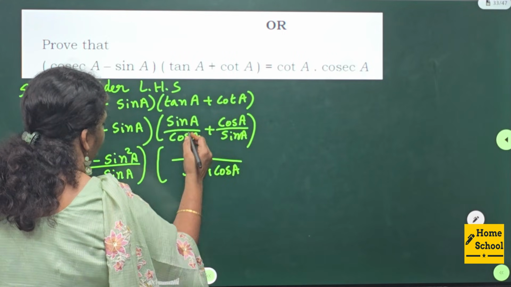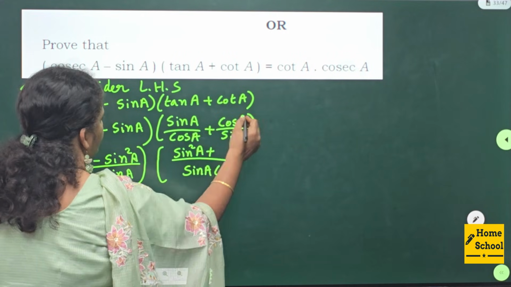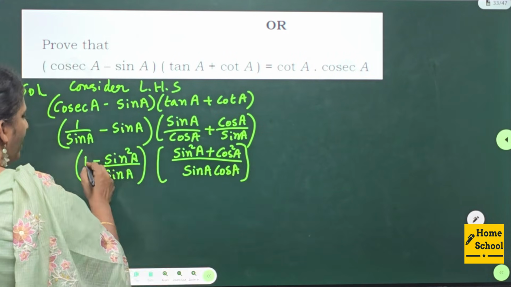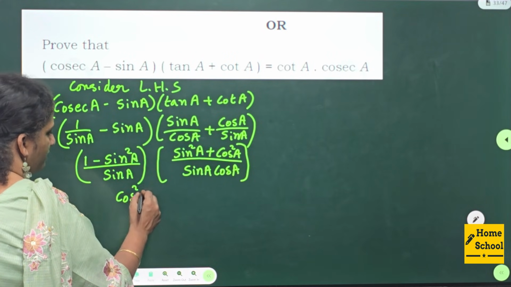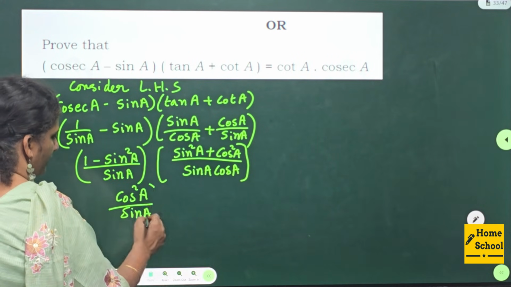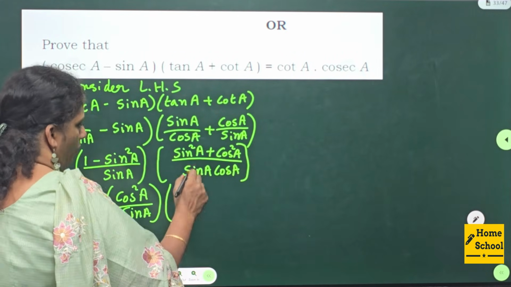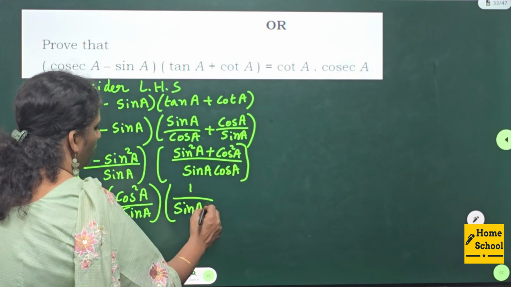In the numerator, multiply this by sin A, it becomes sin square A, and cos A multiplied by cos A gives cos square A. 1 minus sin square A, we know by identity, is cos square A by sin A, into, what is sin square A plus cos square A? 1. 1 by sin A into cos A.